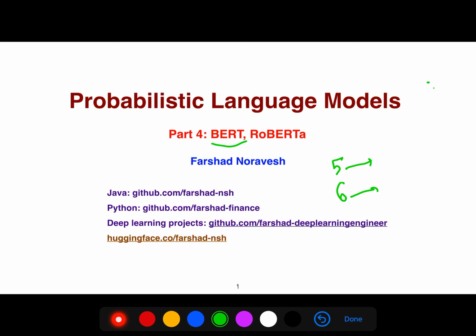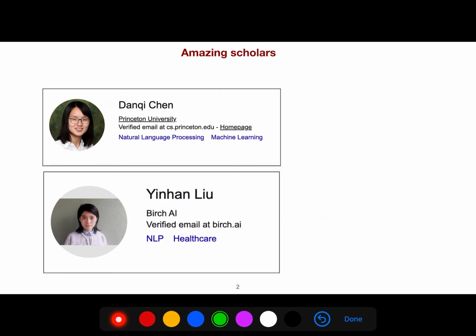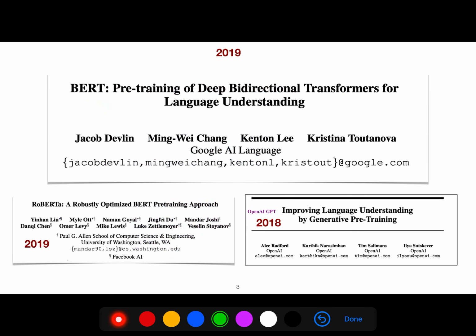So let's start with the original paper of BERT, written by amazing scholars. This is the original article of BERT from 2019. There are also very great articles like OpenAI GPT and RoBERTa.